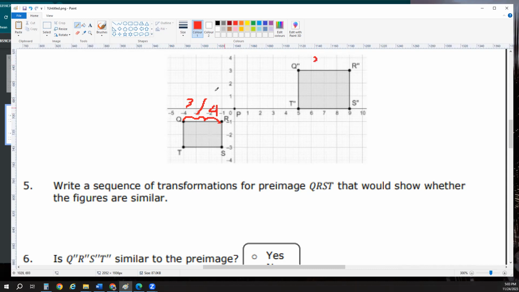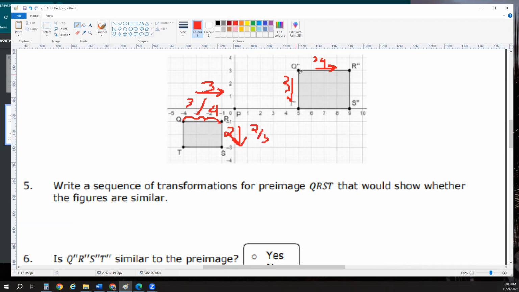This is 3 units over, and this is 4 units over. And then the change over here is 2 units down. I keep on writing 2. This is 2 units down, and this is 3 units down. So it's a 2 to 3 change here, 2 to 3 change here.